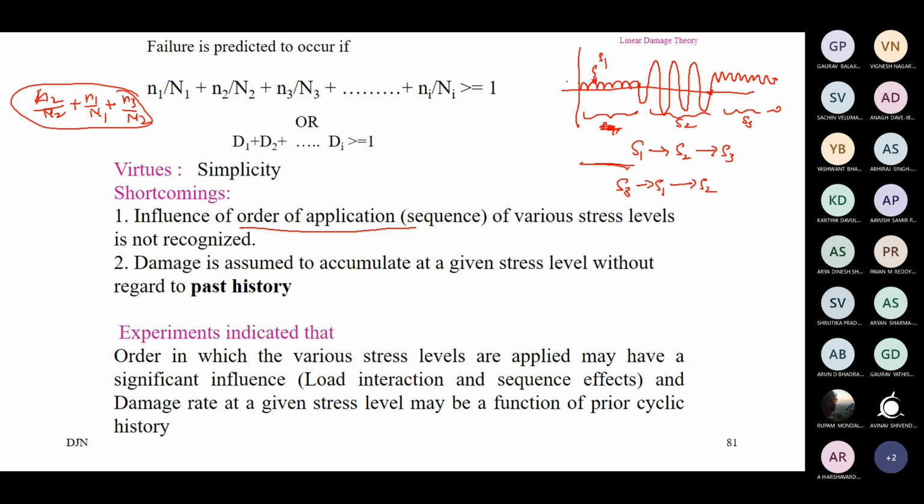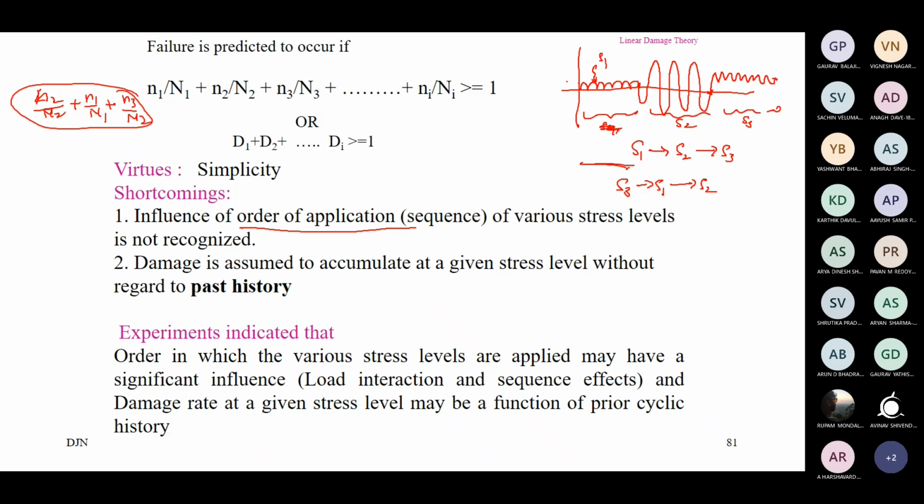If your interest is to predict in what way damage is occurring in the material with every type of loading, then this theory is not recommended. However, what is observed in the past is that if the applied load magnitude is in the high cycle fatigue regime, that means low load amplitudes, then the variation with the sequence effect is very less.